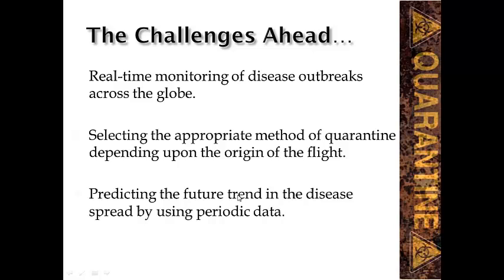And another challenge is to be able to predict the future trend in the disease spread by using the periodic data we have. So if we really manage to overcome these challenges and successfully implement the quarantine system, I believe that it would be very easy for the quarantine officers to successfully scan passengers for disease.